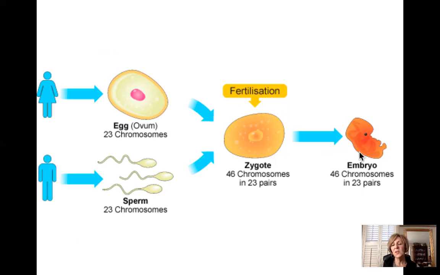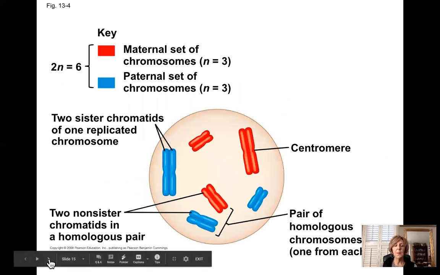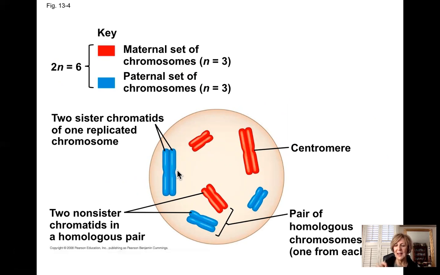All right. And so, of course, then in the embryo, all we have is just a bunch of mitosis and cell growth. So now let's look at something that we're going to see for the first time now in meiosis. We've already talked about how in mitosis, a chromosome can duplicate during the S phase and make two sister chromatids, okay?